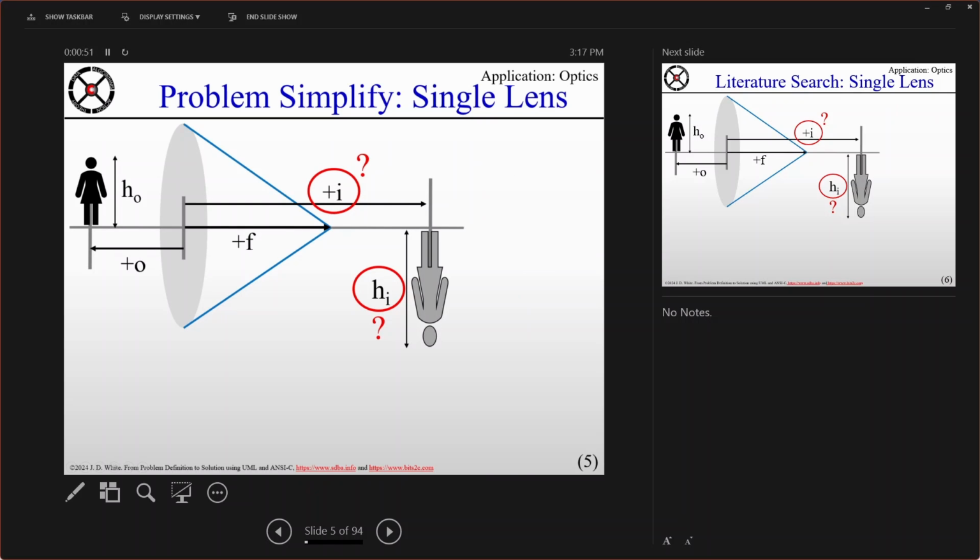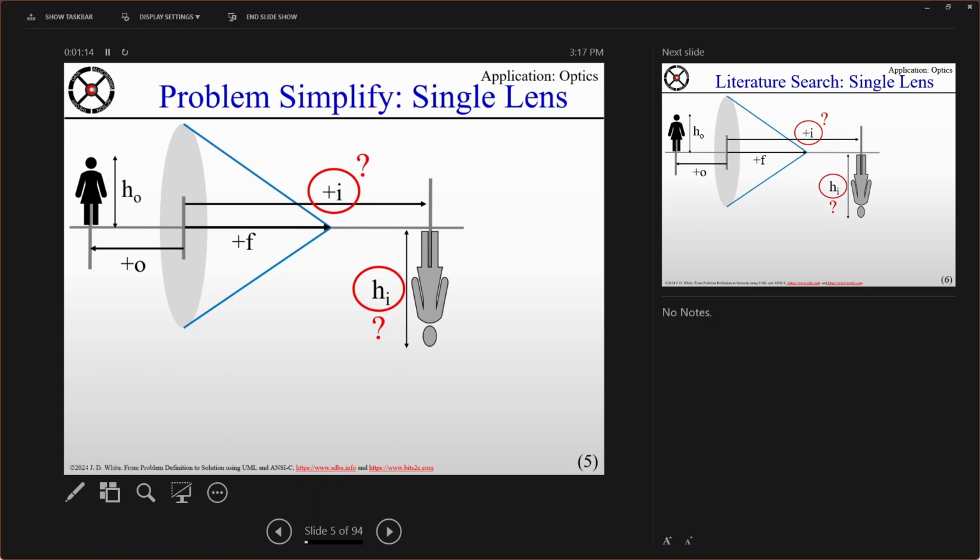Okay, first of all, we decided we'll do a problem with a single lens. So we have a lens here with focal length F. We're offset by a distance O on one side, and we want to see how far the image is on the other side and its height.